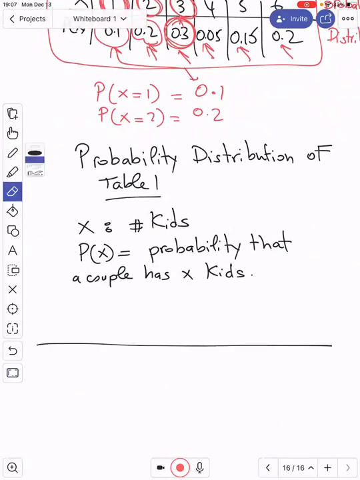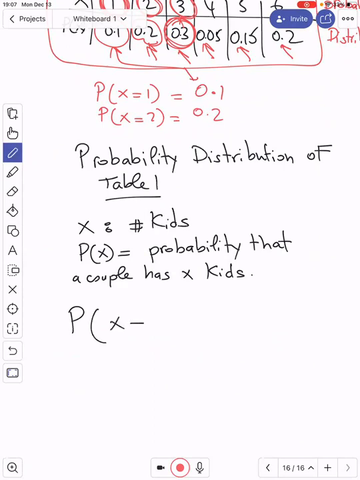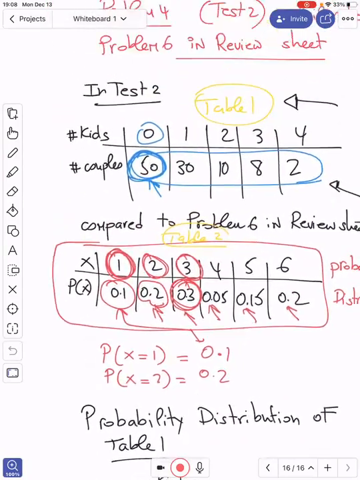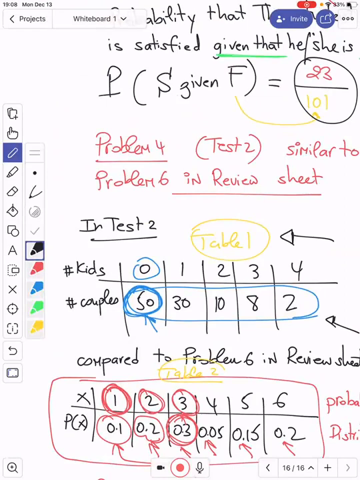So for example, what's the probability that X is equal to 0? The probability that X is 0 is the probability that a couple has 0 kids. Well, how many couples in total do we have?